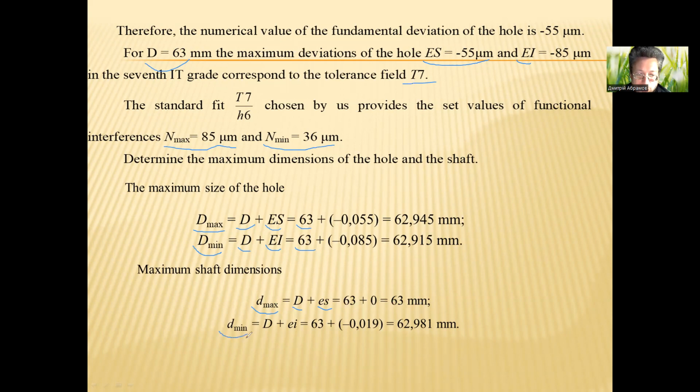The minimum diameter of the shaft is equal to the nominal diameter of the shaft plus the lower limit deviation of the shaft. 63 plus minus 0.019, and we have 62.981 millimeters.